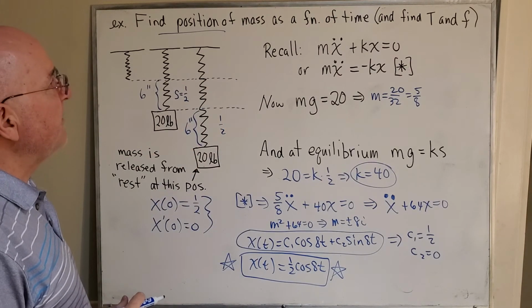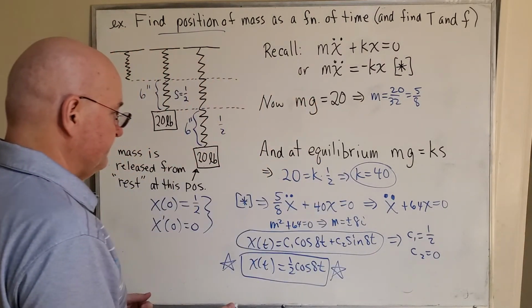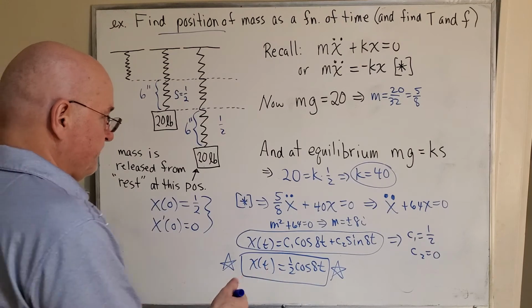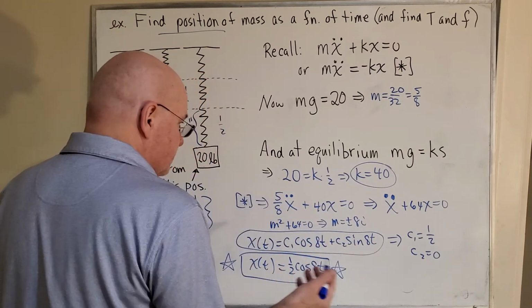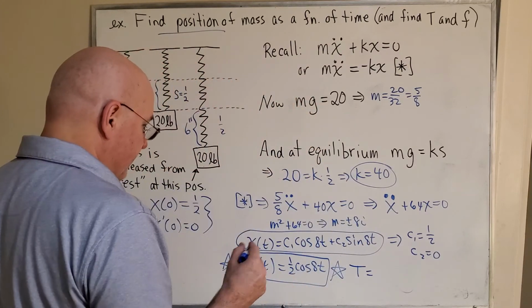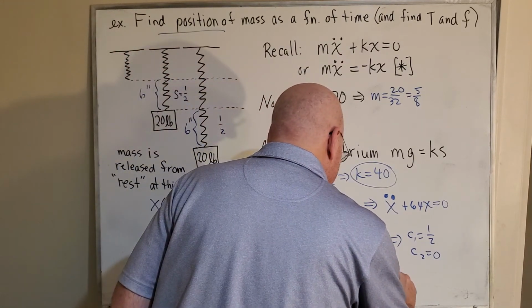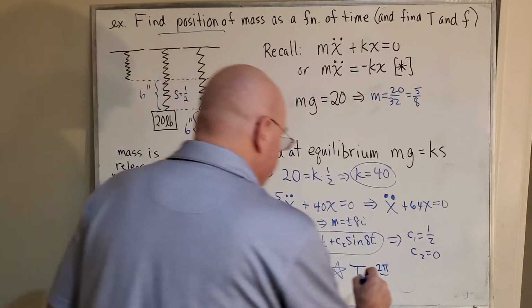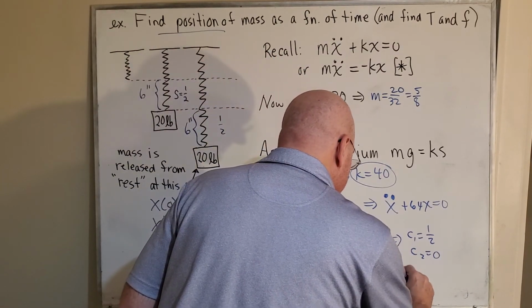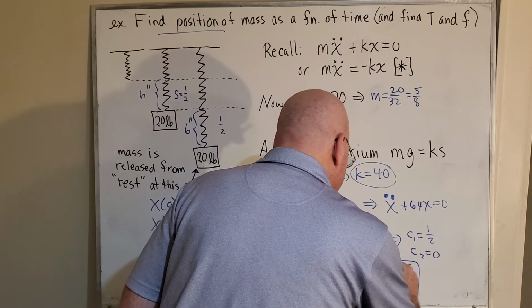And then how do we find T and f? Well, we know omega. Omega is 8. We have the solution here. So T, the period, is 2 pi over omega. 2 pi over omega is 2 pi over 8, which is pi over 4.